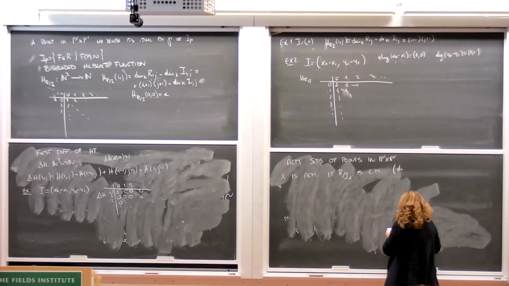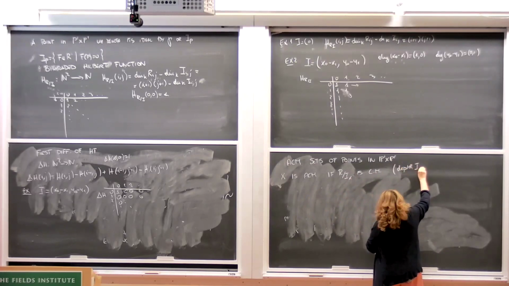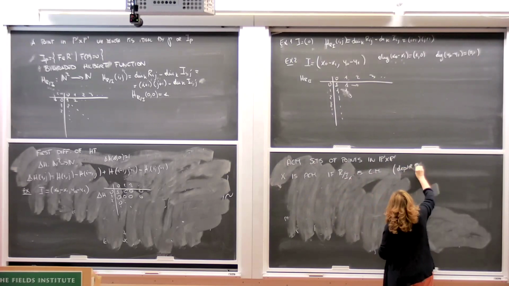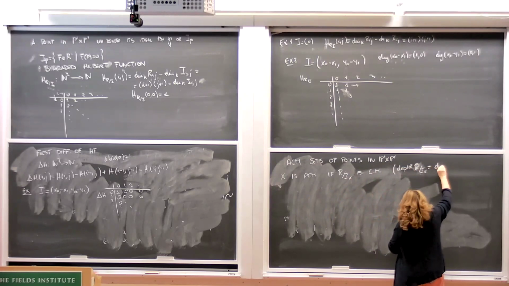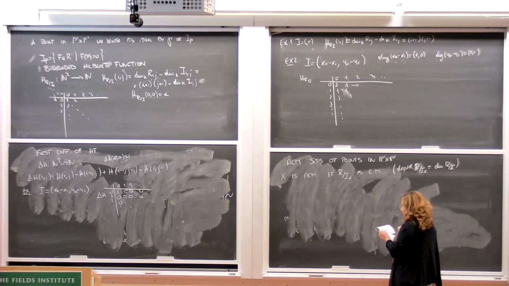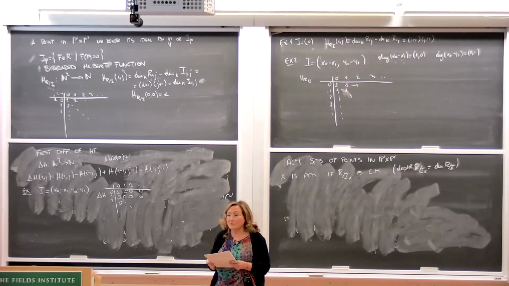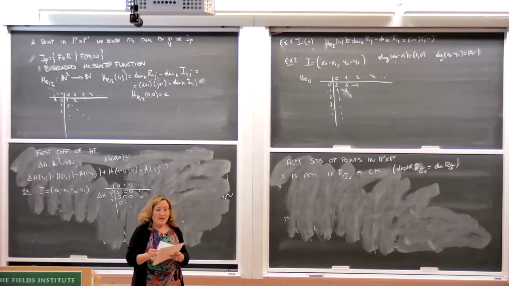The depth is equal to the dimension. So this is the depth of R of I, and it's equal to the Krull dimension of R of I. Okay, so the definition is the same. But this has a nice combinatorial property in P1 cross P1.